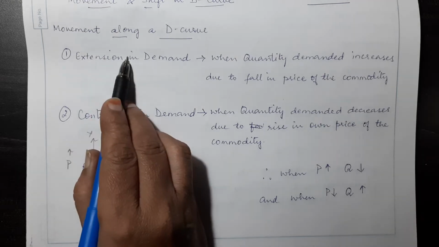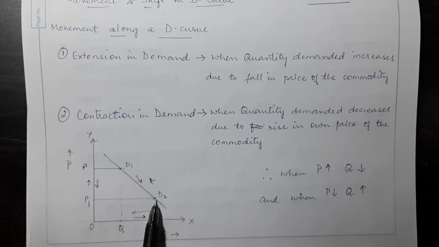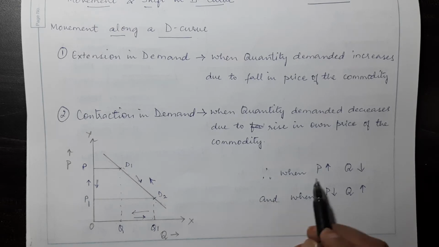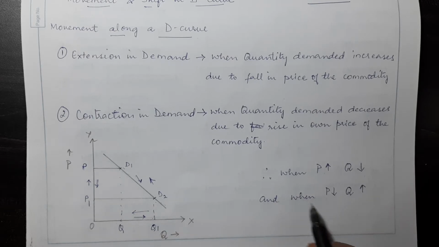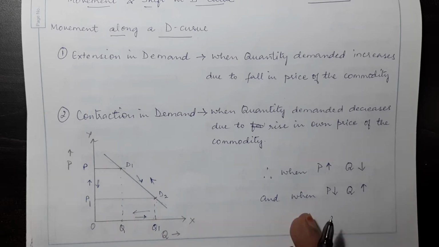And when there is extension in demand, we move down the demand curve. Therefore, this tells us when price increases, quantity demanded falls and we move to the left. When price falls, quantity demanded increases and we move to the right.